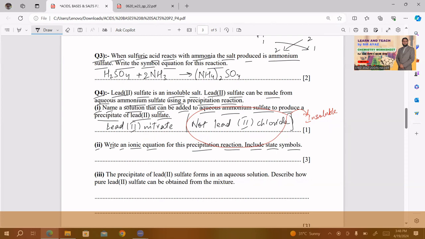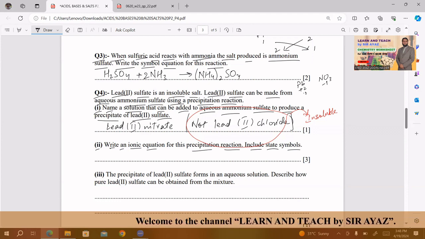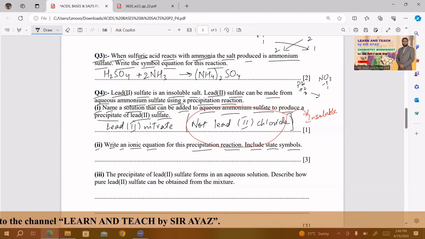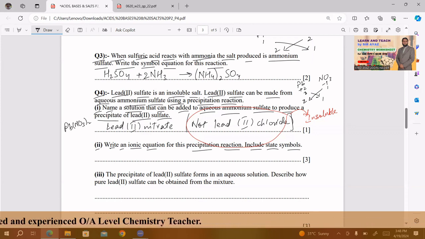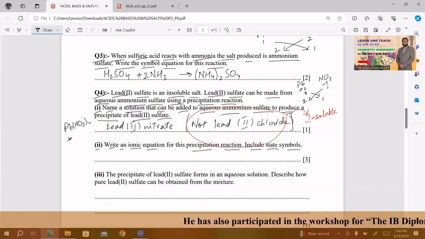The formula for lead(II) nitrate: Pb carrying +2 charge, nitrate carrying -1 charge. Ignore the charges. So the formula must be Pb(NO3)2, plus we are reacting with ammonium sulfate.